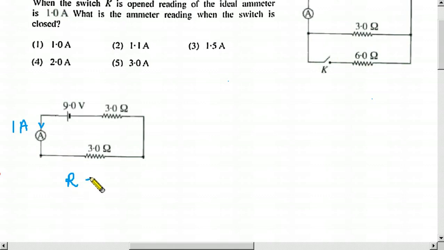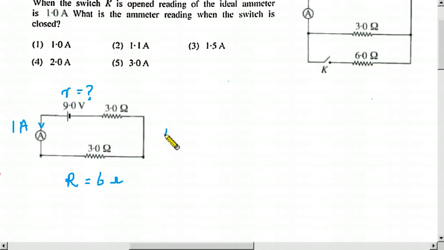So capital R, if they are in series, we can add directly. 3 plus 3 is 6. So we have to first find out simple r, because in this question they have not mentioned that the internal resistance of the battery is negligible. So therefore we have to assume that there must be some value for simple r.